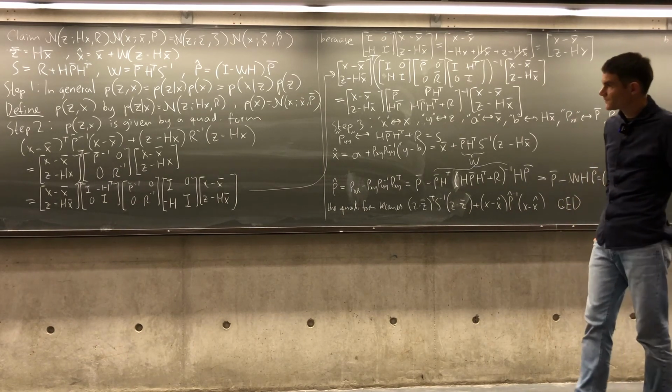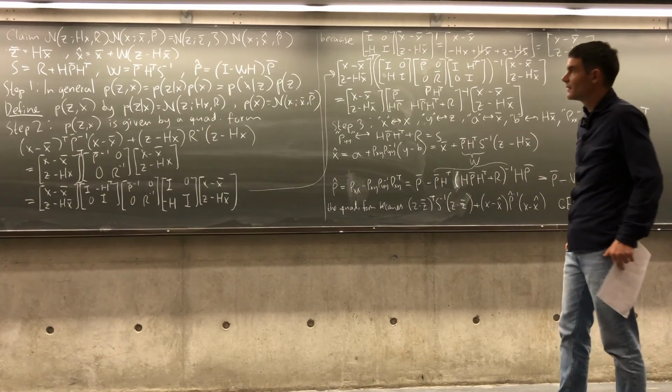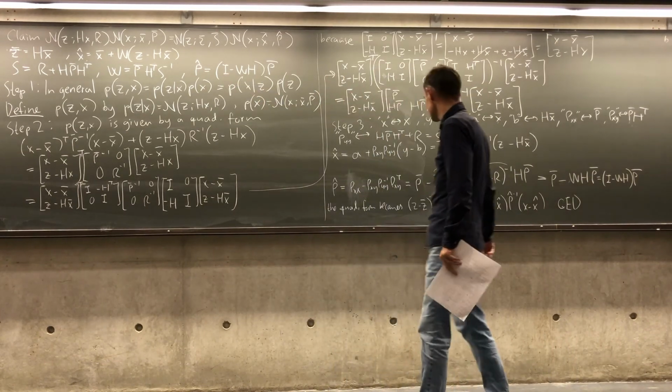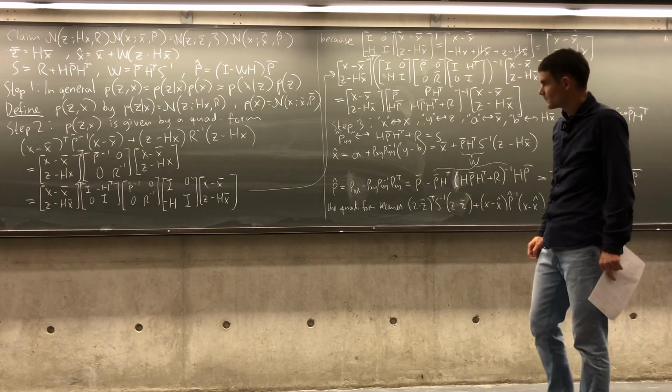And then I'm done because I have identified that this thing on the left now is the same as the Gaussian given by this quadratic form.